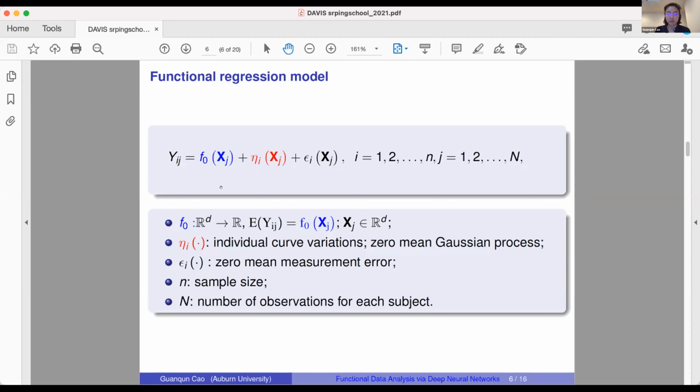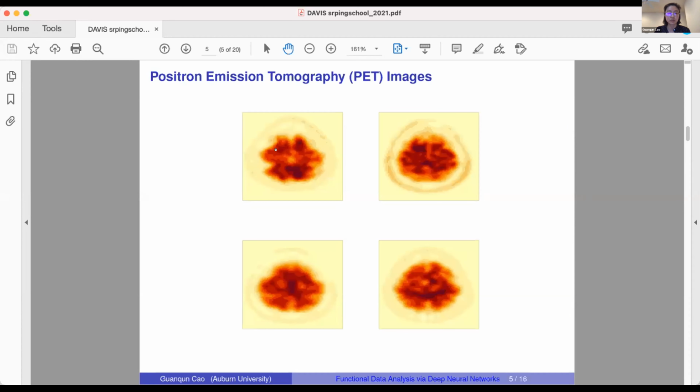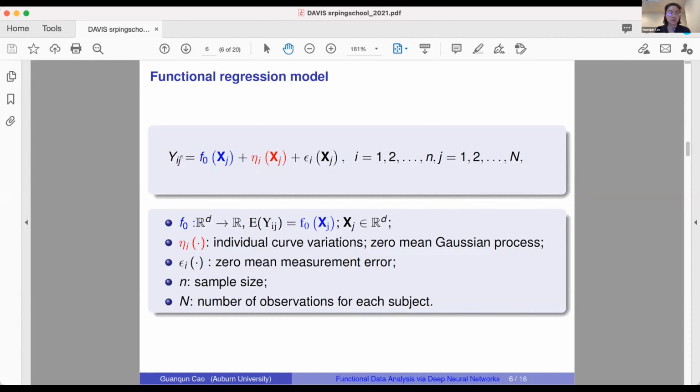You can view each person's imaging as a subject, and at each pixel we have Y_ij, where i represents the i-th patient and j represents the j-th pixel in that 2D brain image. This Y_ij can be written as the signal, the main function F0, plus some individual variation eta, plus the measurement error term.